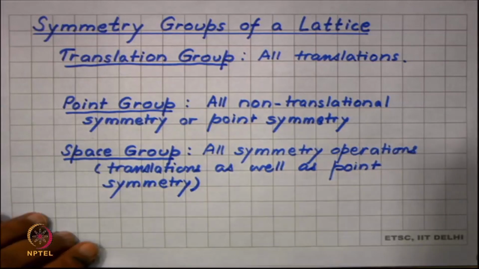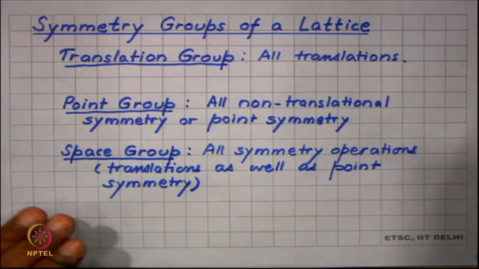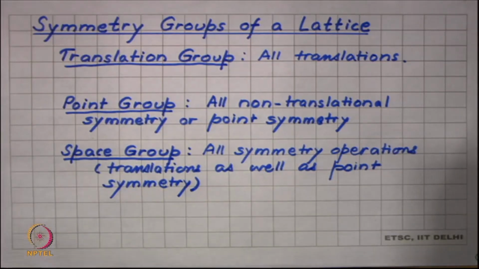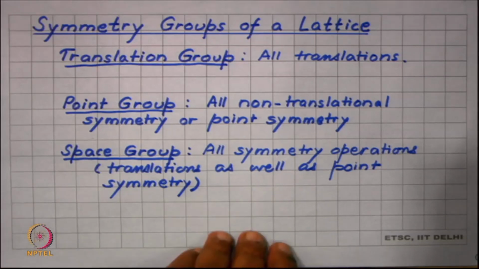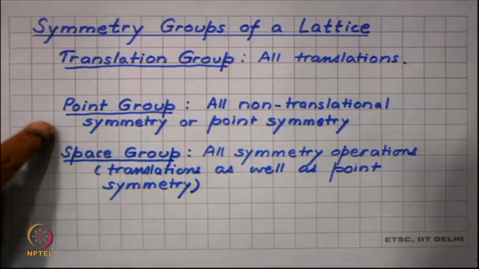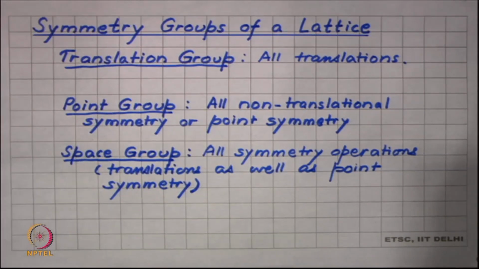So, with this definition we will see that these are the definitions which are used for classification of lattices. So, we will take this up in the next video, where we will use the point group and space group symmetry as the classification basis for lattices.